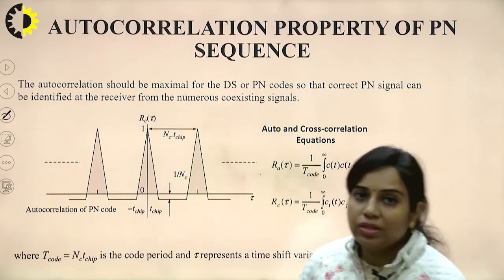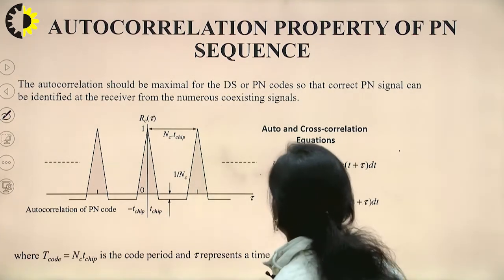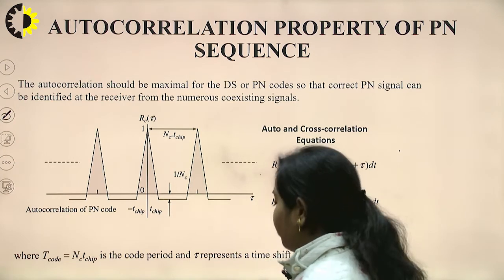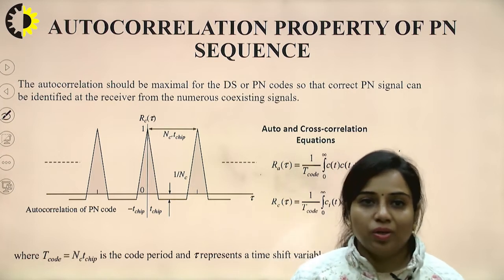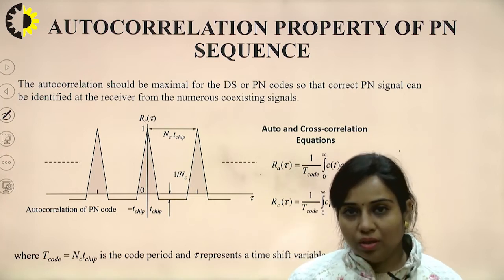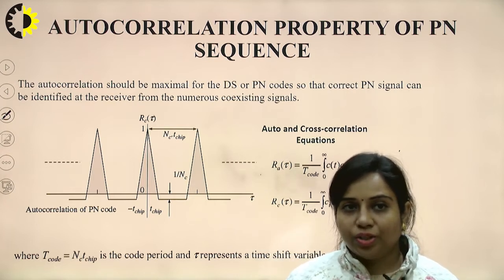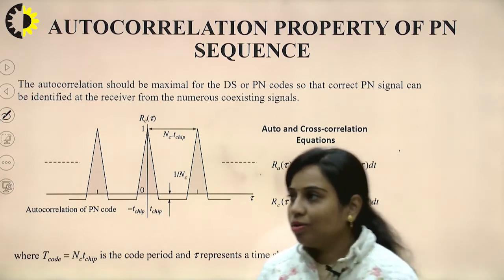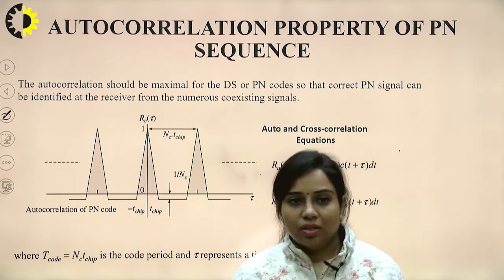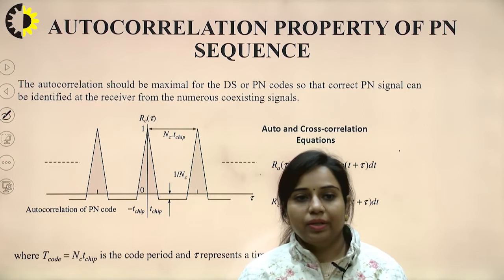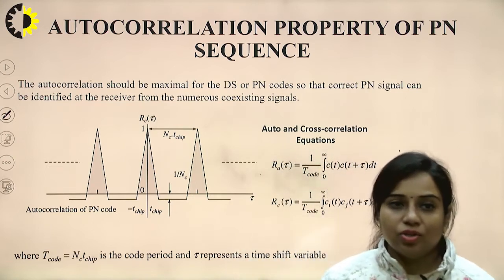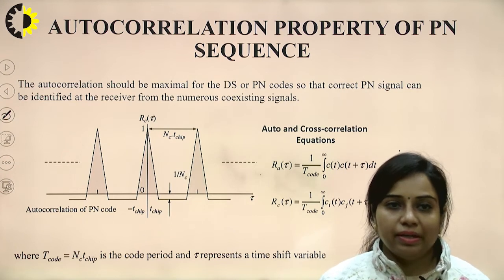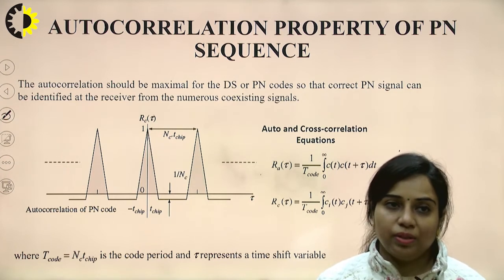Now next one is the autocorrelation property of the PN sequence. Autocorrelation is basically, when 2 codes are generated, we have to see what the correlation is between the 2 bits. Now autocorrelation and cross correlation, 2 things are there. Autocorrelation is seeing the correlation between the data and its shifted version of itself, and in case of cross correlation, 2 different datas are considered and the correlation between them will be checked.